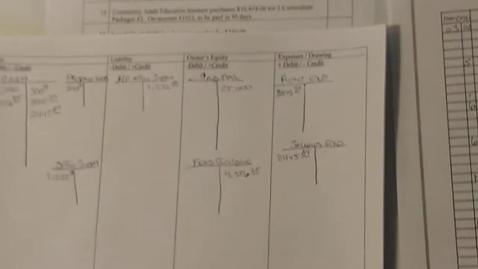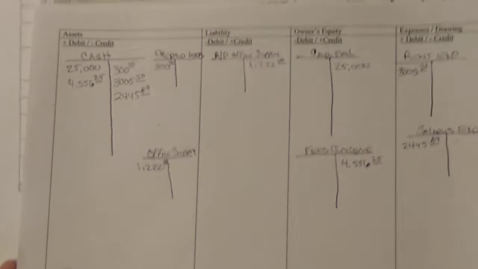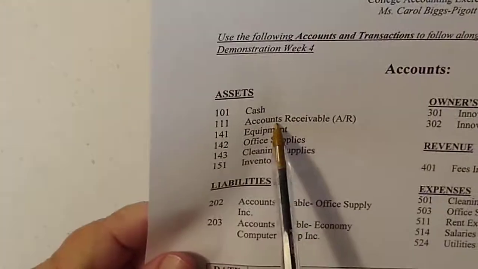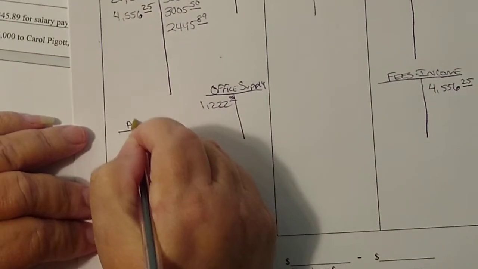They're purchasing a package from us, and they're purchasing it on account. Okay? So, what 2 accounts are affected? What is it called when somebody owes us money? If you said accounts receivable, you said it correct. So accounts receivable is an asset.